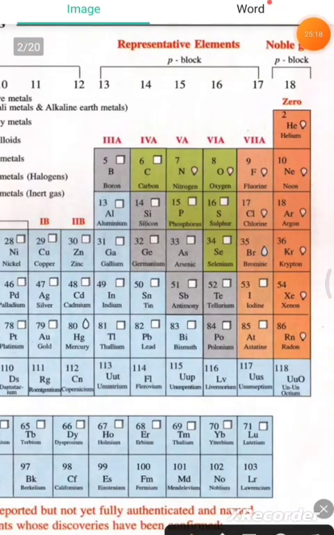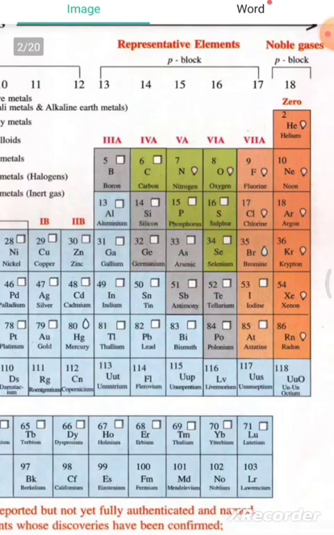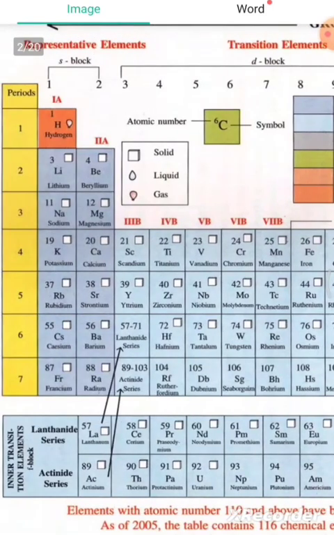Like that, if you will see the last one, that is neon, neon electronic configuration is 2, 8. Means in the first cell 2 electrons and in the second cell 8 electrons. So I think you have understood. Your period number signifies the number of cells present here. Your group number signifies the number of valence electrons present there.